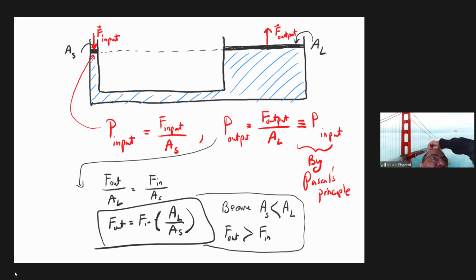So this is how you can use Pascal's principle to your advantage. This is really a force amplifier if you think about it. It amplifies the amount of force you put on one end through this clever Pascal's principle.